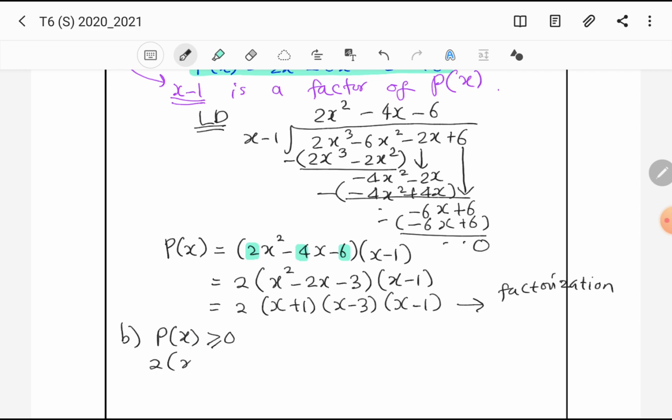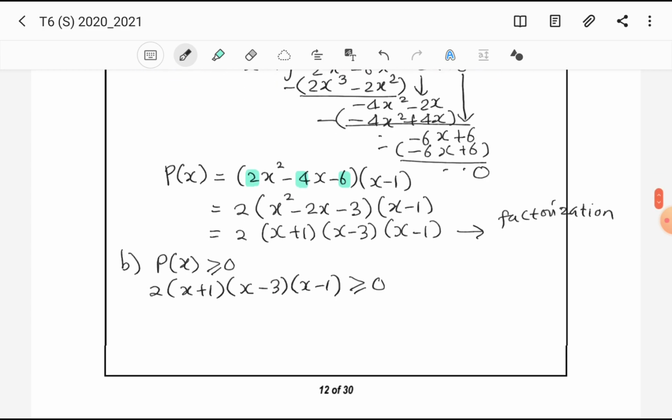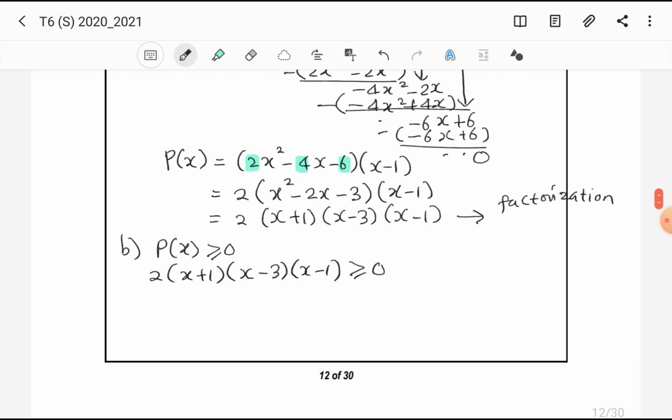Px is 2 times x plus 1, x minus 3, x minus 1 greater equals 0. Okay, so kalau awak kira kat sini, kita ada how many factors? 3 factors. So kalau 3 factors, ada berapa critical number? Kita akan ada 3 critical numbers.